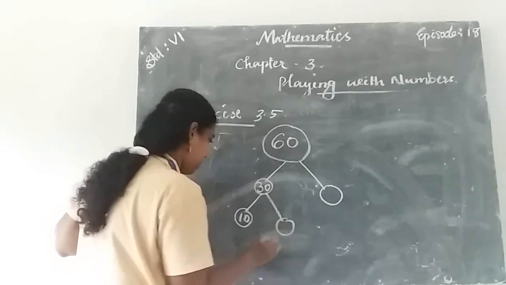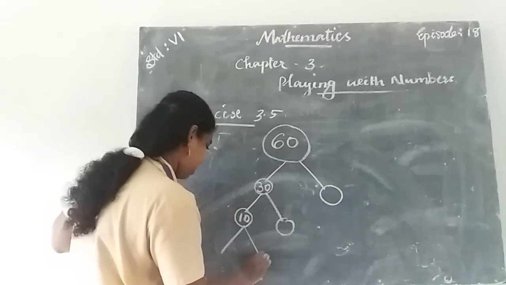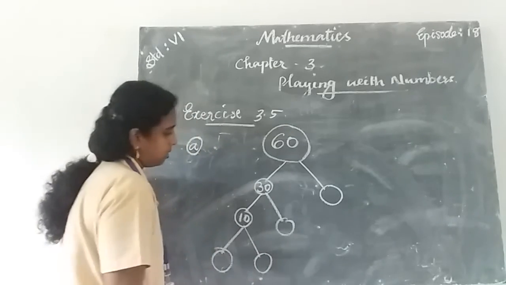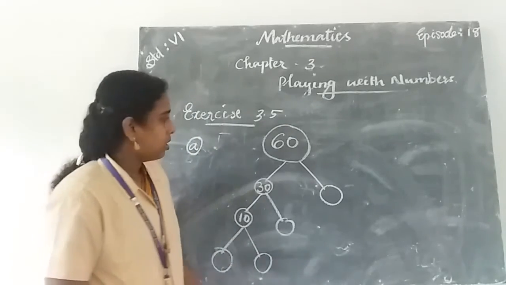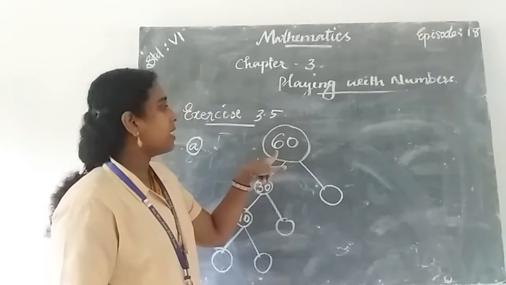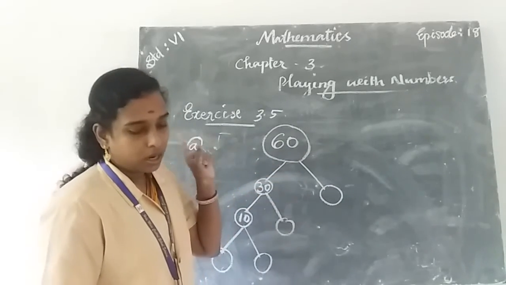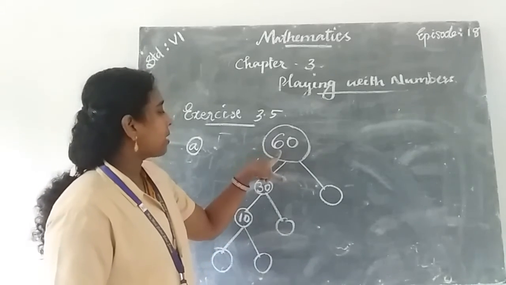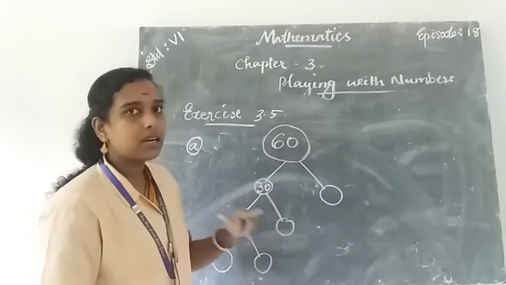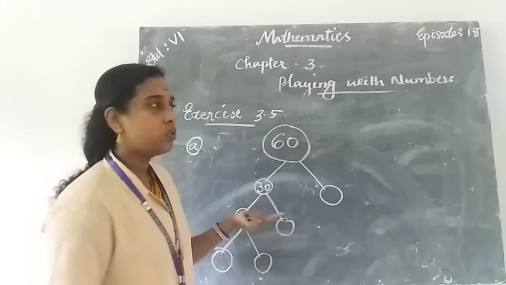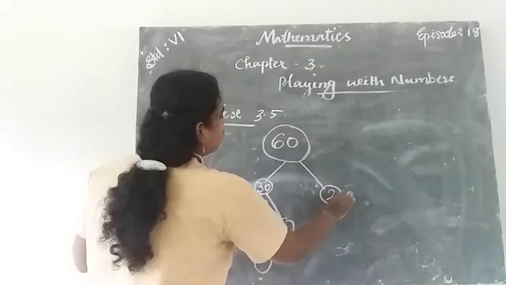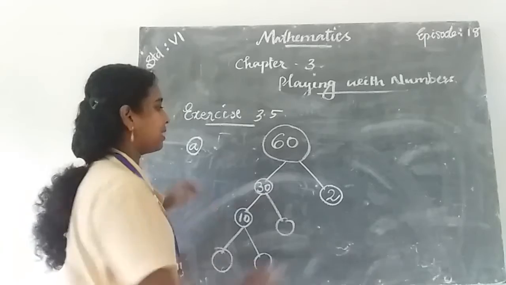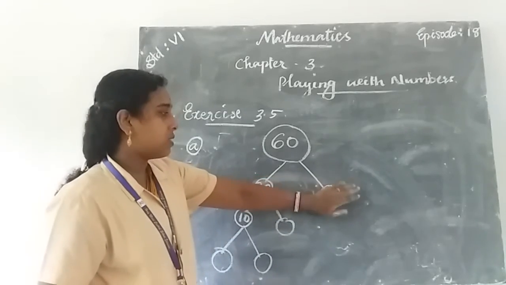Here are 2 missing digits. So first we write 60 as the product of 6 into 10. Here we write 60 as the product of 30 into 2. 30 into 2 we get 60. 2 is a prime number, so we stop here.